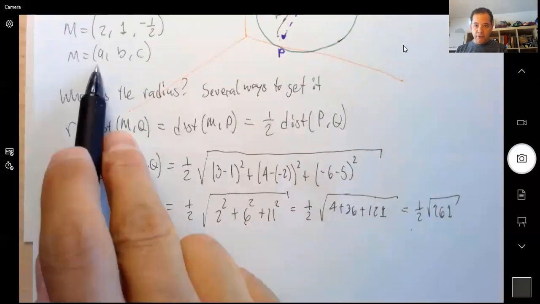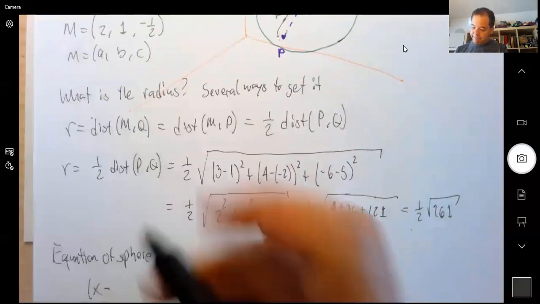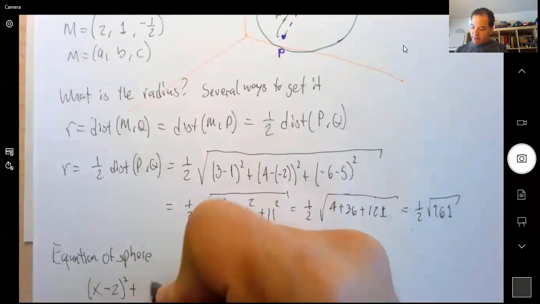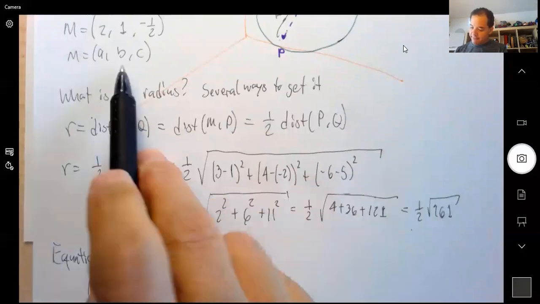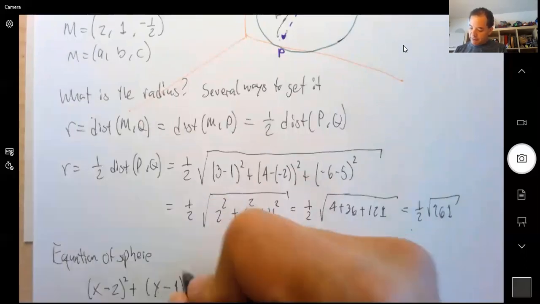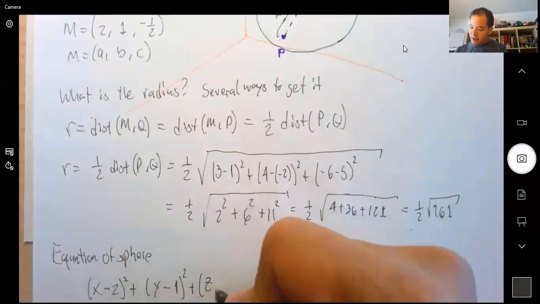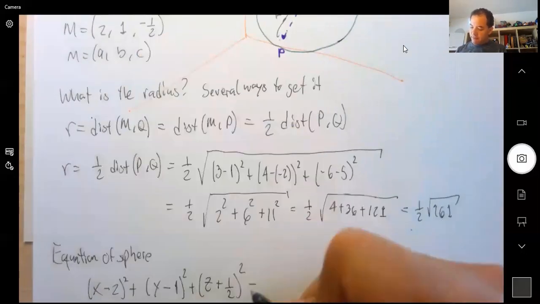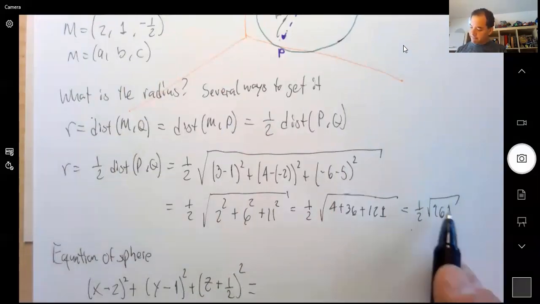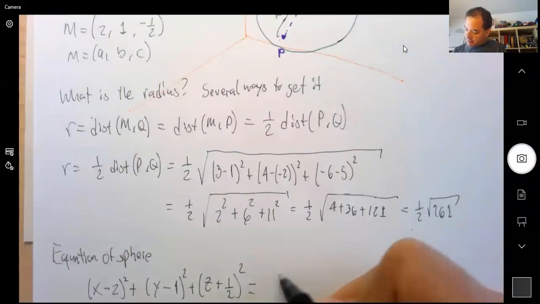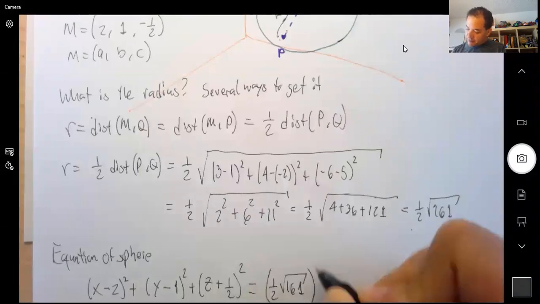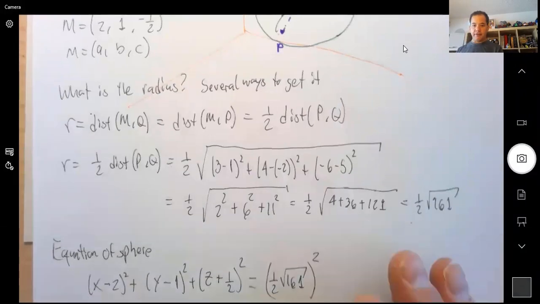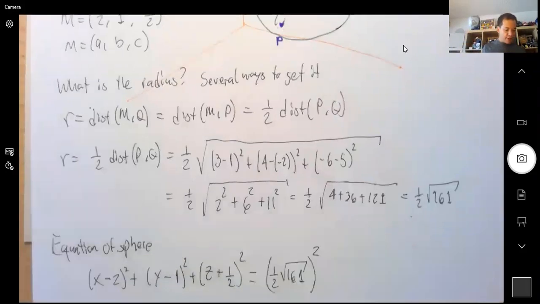Right here, 2) plus (y minus, what is the b? 1) plus (z minus, what is the c? Negative a half, so it's plus 1/2) equals the radius squared. So that's (1/2 root of 161) squared. And that's it. That's the answer to my question.